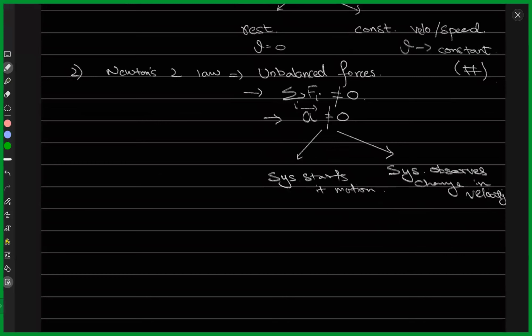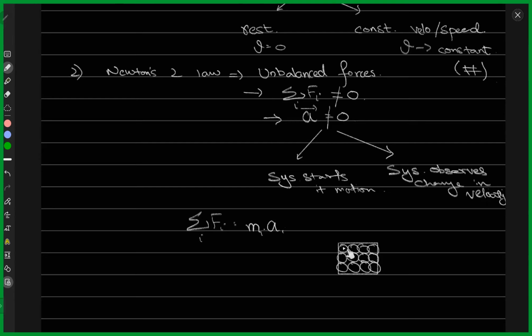So mathematically, I can write down Newton's second law as the sum of all the forces is equal to the mass of the entire system times the acceleration of the system. I use this index i, meaning that suppose I have a system composed of atoms, molecules, or so many balls contained inside a box, right?